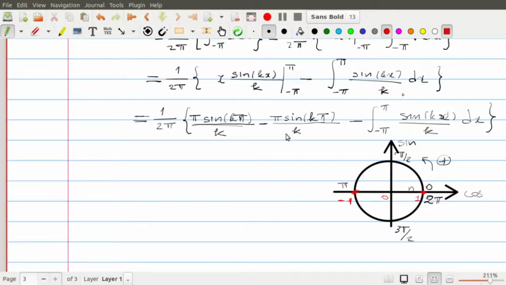So sine k pi will always be 0, because I will be projecting there, so the value will be 0. Anytime, this will always cancel out, regardless of whether the subtraction gives 0 or not, this will always be 0. So that is a good remark I wanted to stress. So we can proceed with this integral.